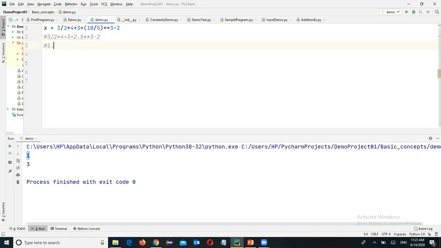So 1.5 multiplied by 4 gives 6.0, minus 2, and the result is 6.